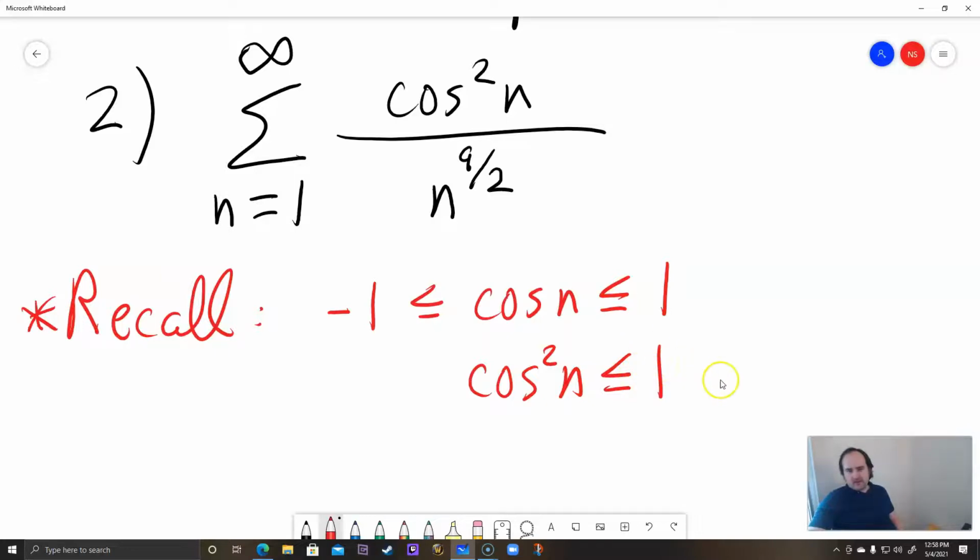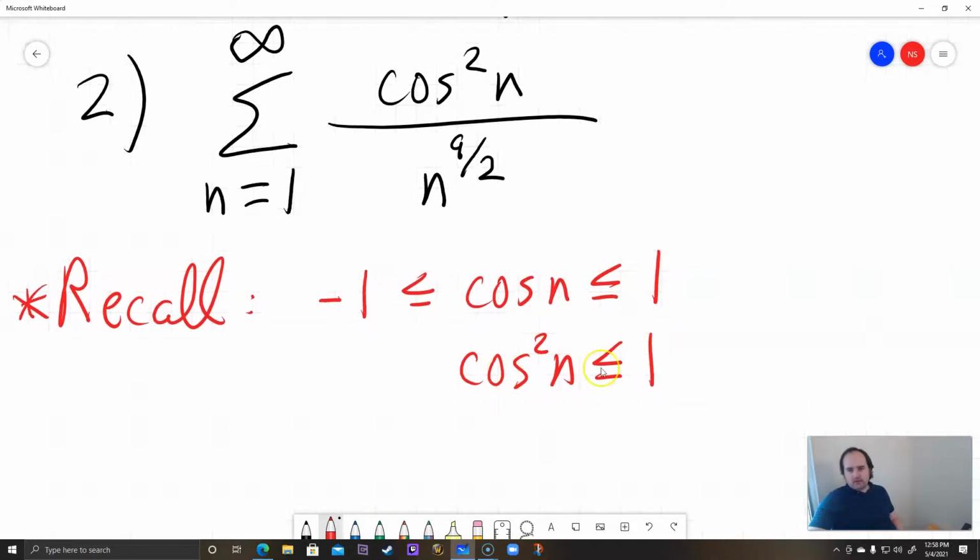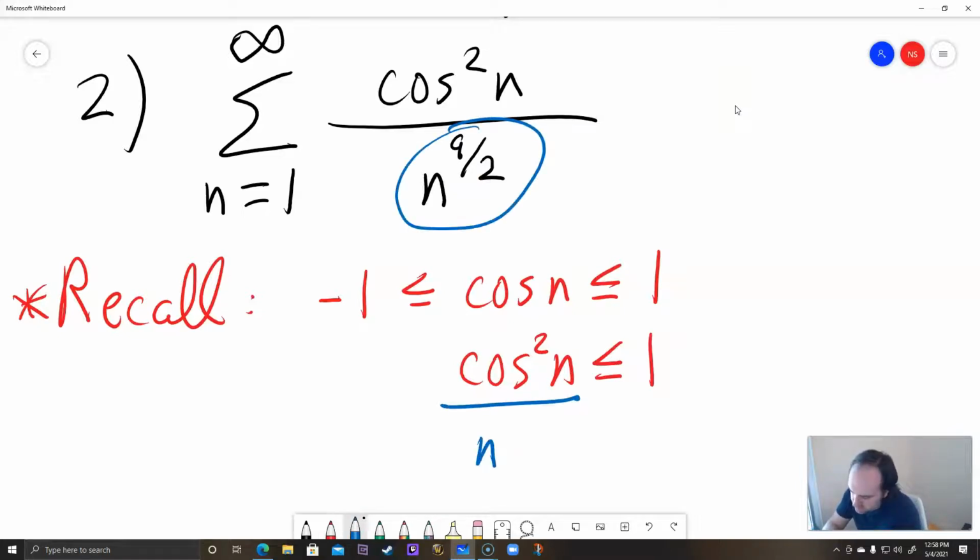Okay, so let's see how that's going to work out. Since cosine squared of n is less than or equal to 1, now we do the magic step. We notice that to get from the cosine squared of n to this, all we have to do is divide both sides of this inequality by n to the 9/2. So that's actually what I'm going to do there. Okay, so I'm going to divide both sides by n to the 9/2.